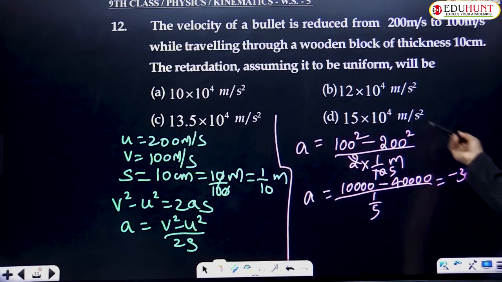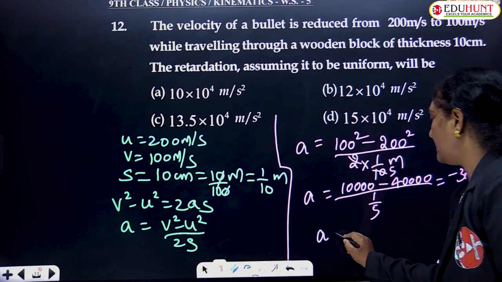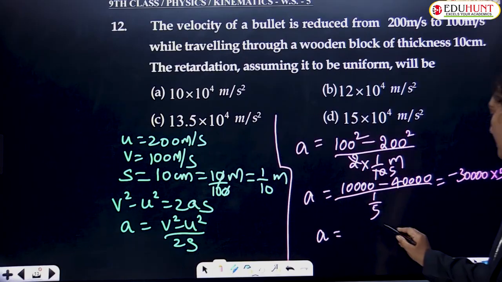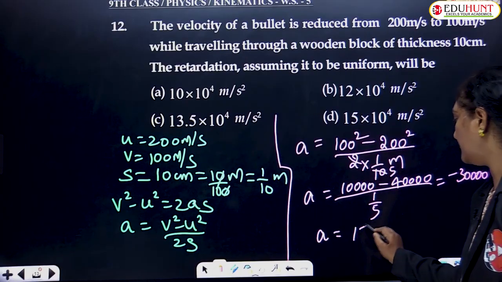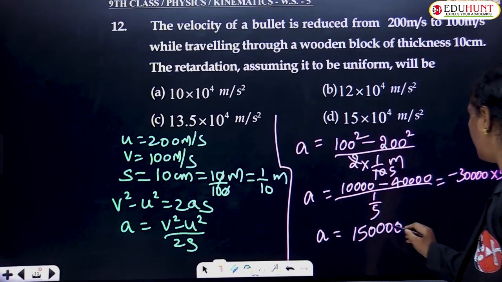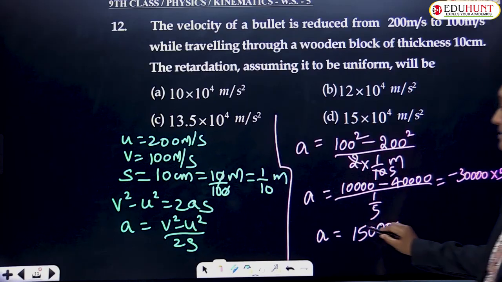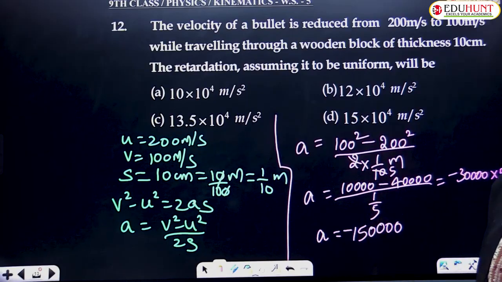This 1 by 5 is brought upward, meaning into 5. Hence A equals 30 into 5, 3 into 5 is 15, and 4 zeros carry as they are. So the value of A was found to be minus 150,000.